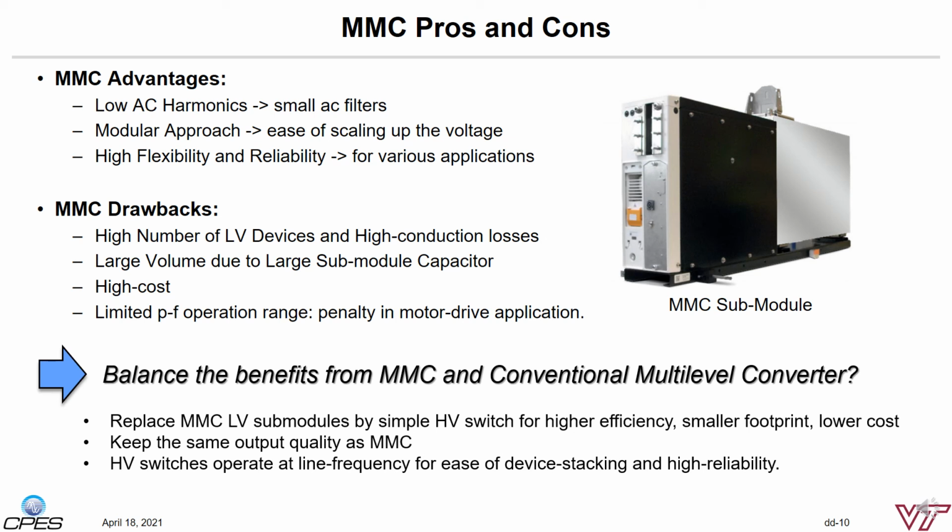We also want to keep the same output power quality delivered by the MMC converter. Then the high-voltage switches need to operate only at the line frequency for ease of device stacking and high reliability. If we can meet these three requirements, we might be able to find a better solution.